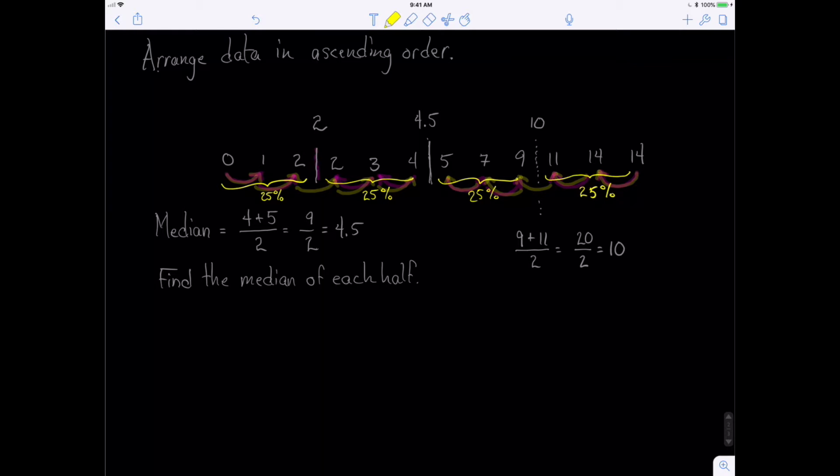And we have a name for these. We say the lowest 25% is below what we call Q1.